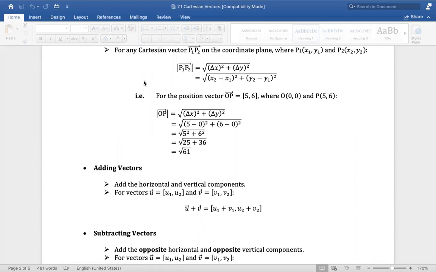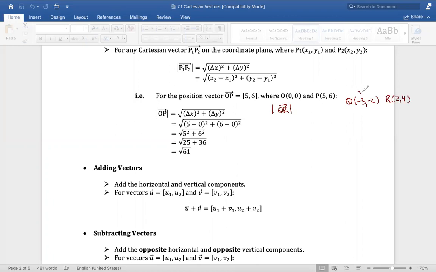So let's say I'm figuring out the magnitude of the Cartesian vector QR. I have my points. Q was -3, -2, and R is 2, 4.